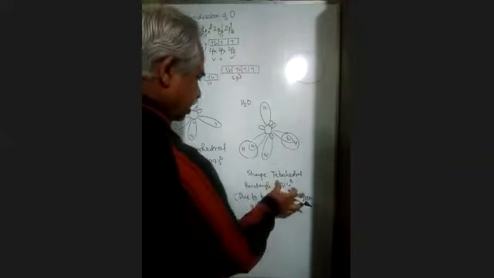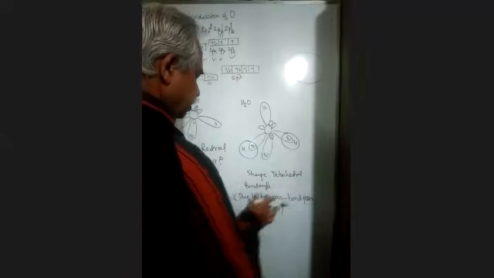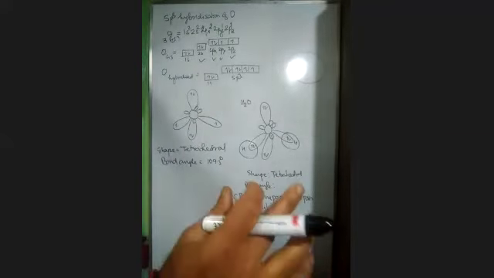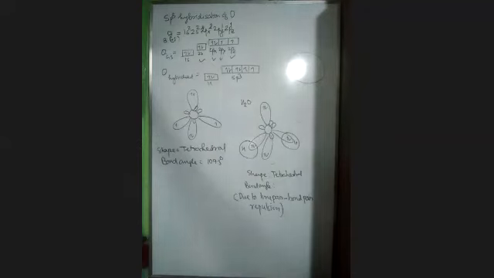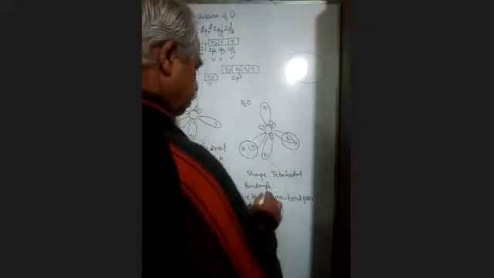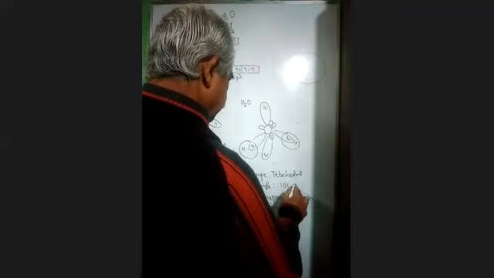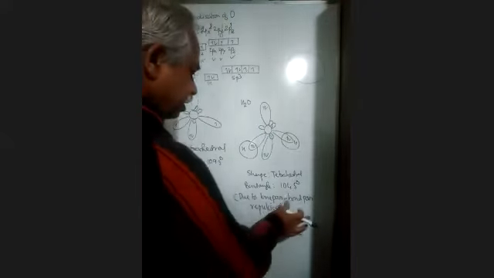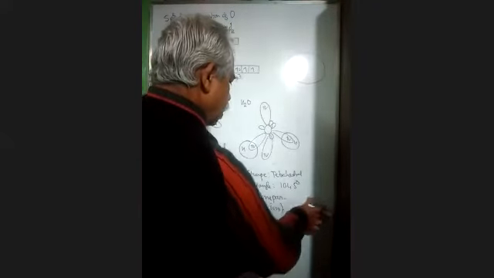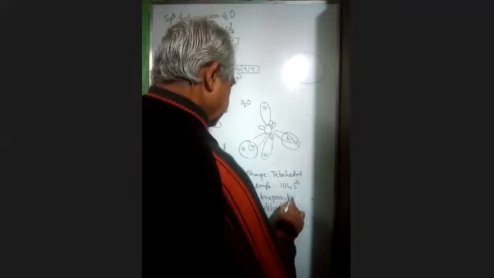So this is also tetrahedral, though VSEPR did not have any idea about this exact bond angle. So bond angle we know is what? 104.5 degree. Why? Because of lone pair repulsion.